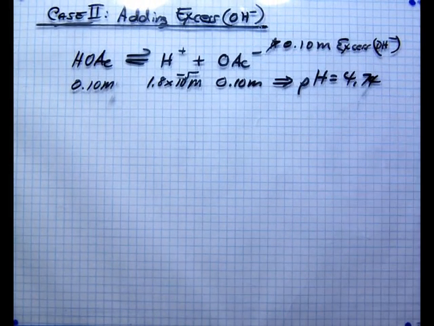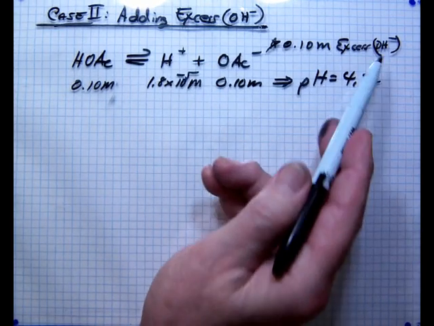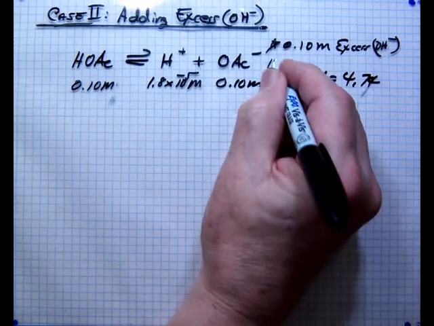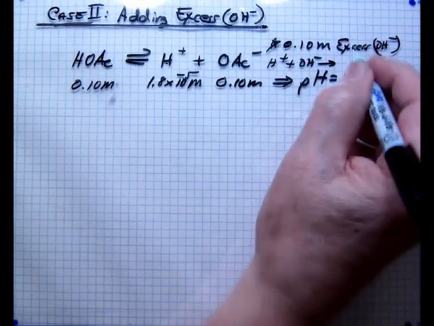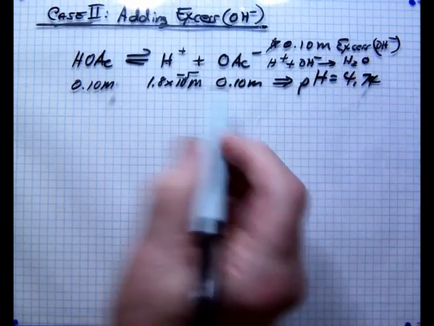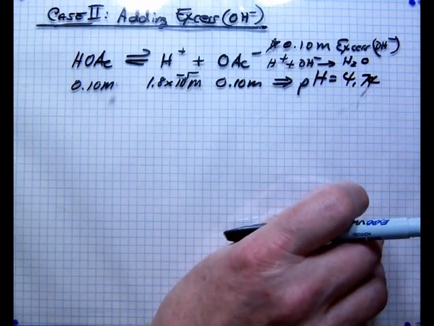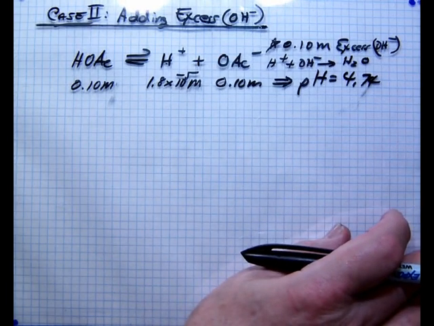in this. Well, the only thing that's going to take that hydroxide out is the hydronium ion, hydrogen reacting with the OH to form water. So H is going to react with OH and produce H2O. That's going to reduce the concentration here until it completely eliminates the excess OH.